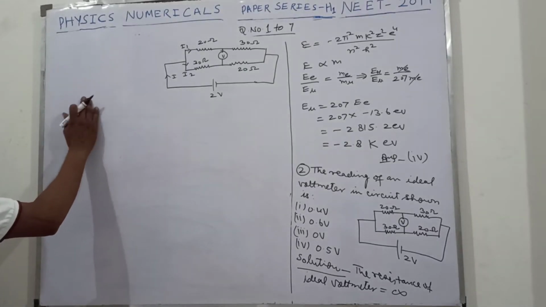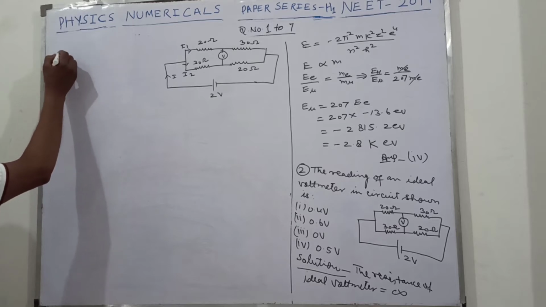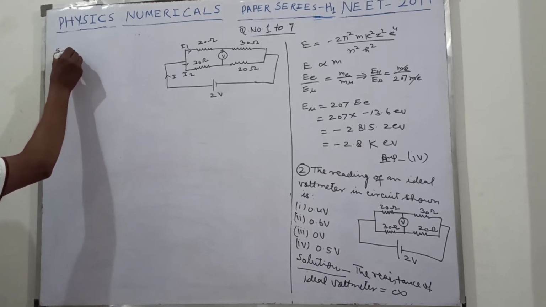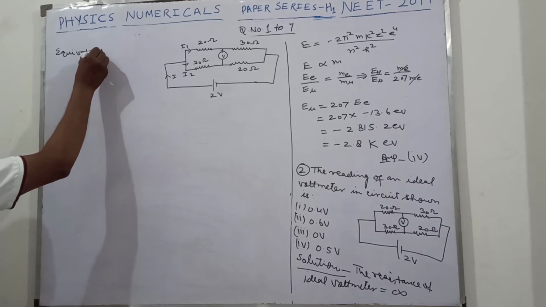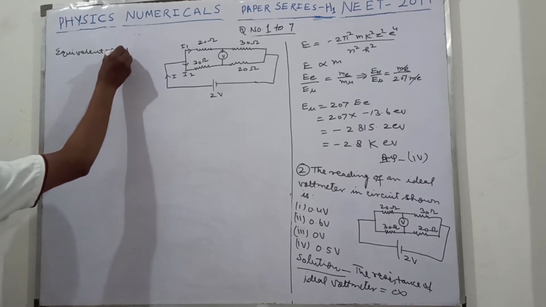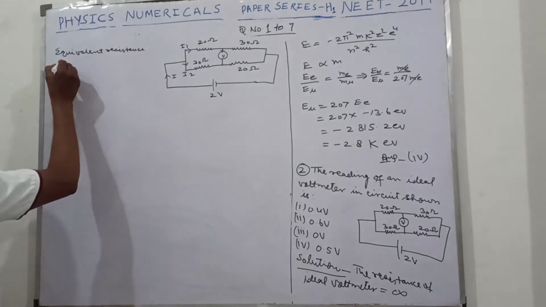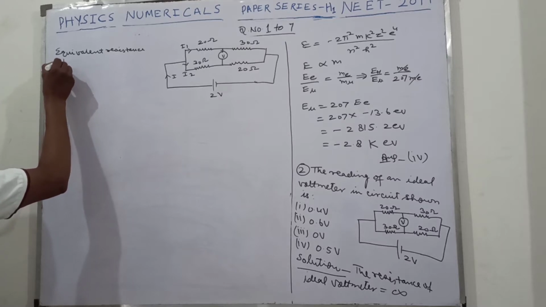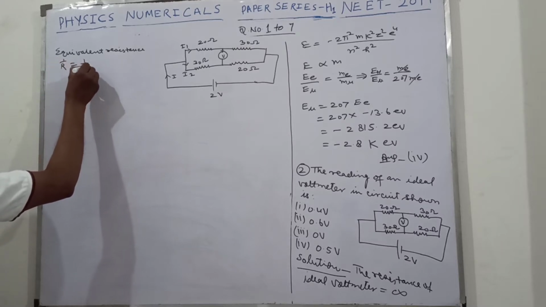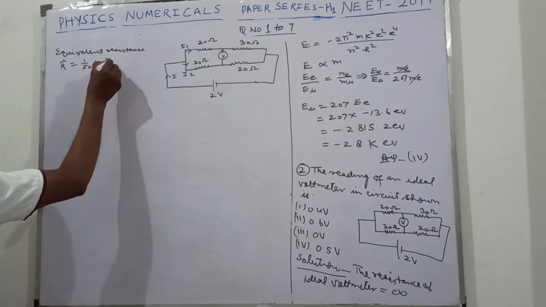So for the equivalent resistance, 1 upon R equal to 1 upon 50 plus 1 upon 50.